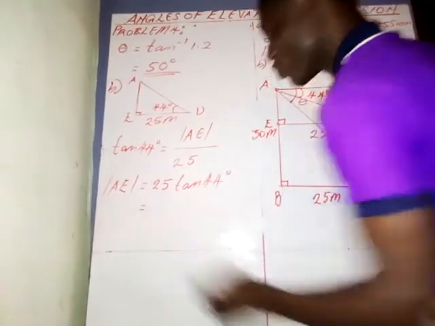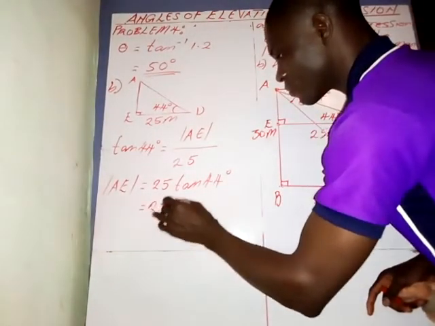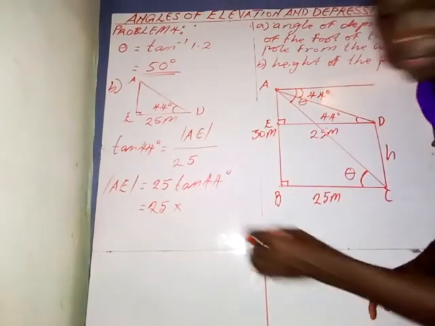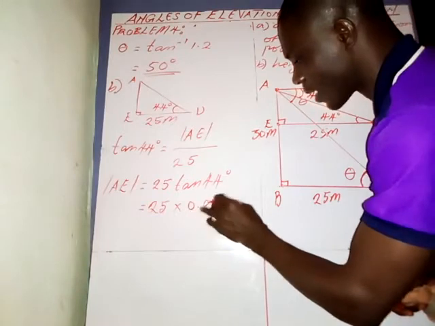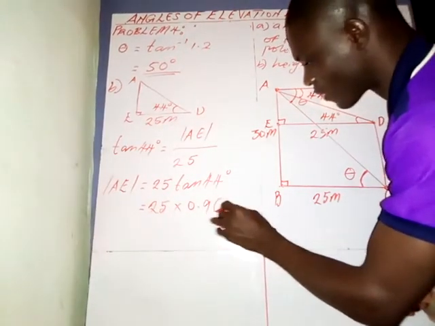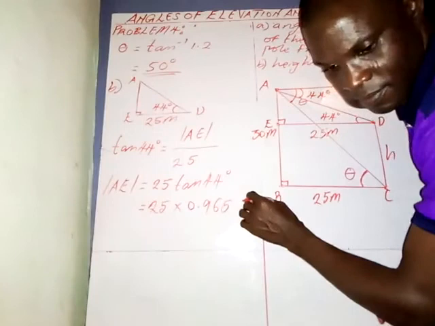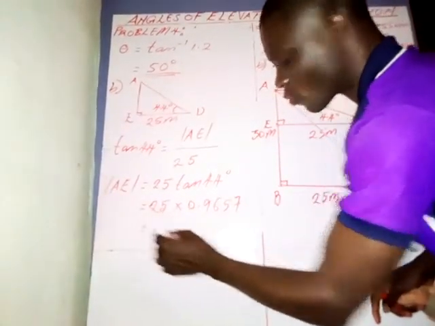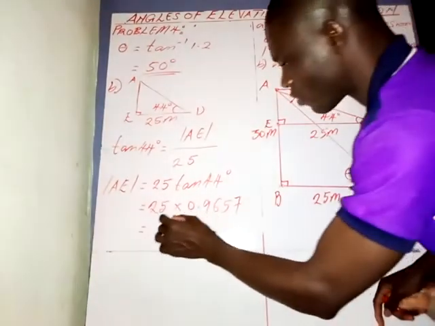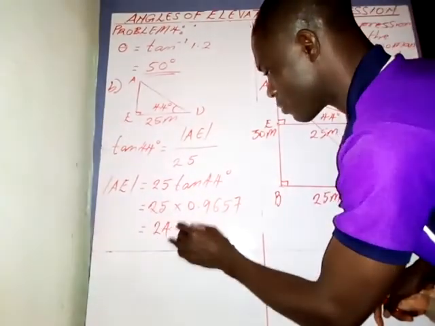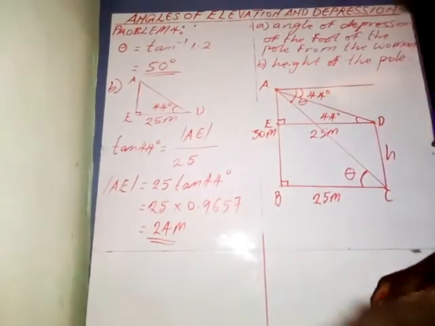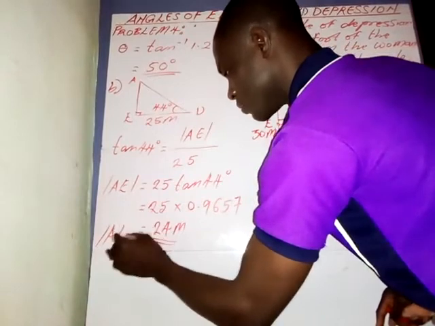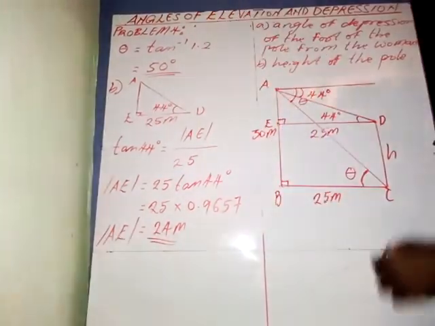This is 25 times 0.9657, and this is equal to 24 meters as a whole number. So distance AE is equal to 24 meters.